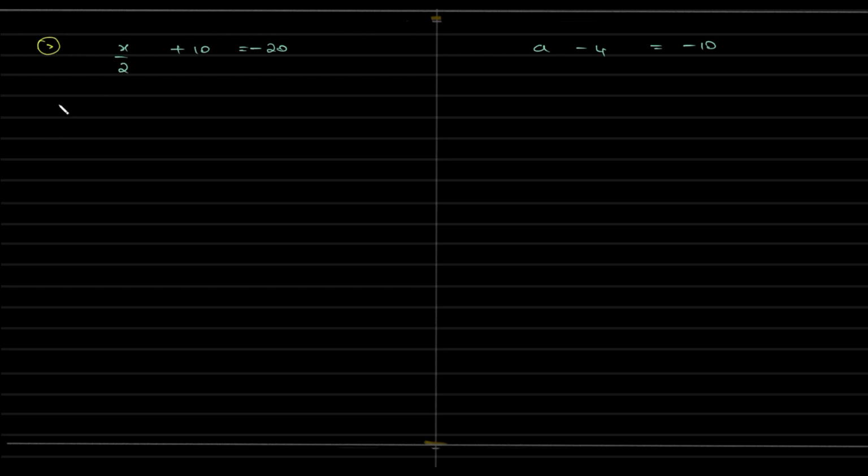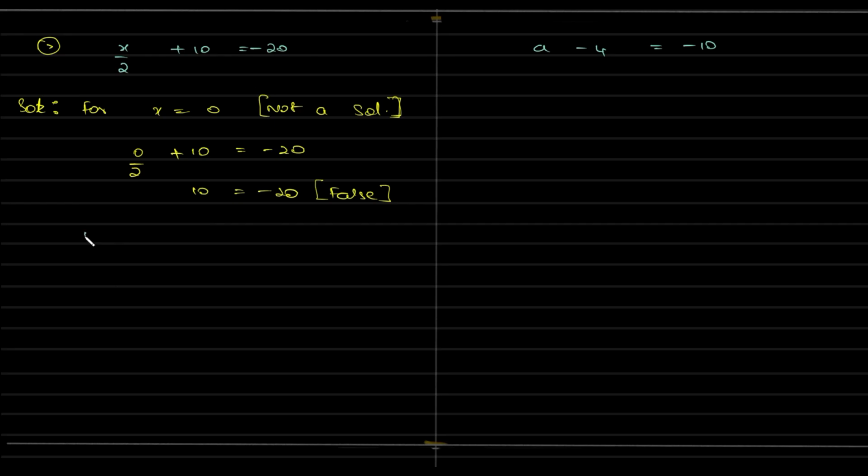Now let's start off with x is equal to 0. So 0 by 2 plus 10 is equal to minus 20. So this is 10 is equal to minus 20, a false statement and thus not a solution. So again we can see that it's going to be long and this is negative.